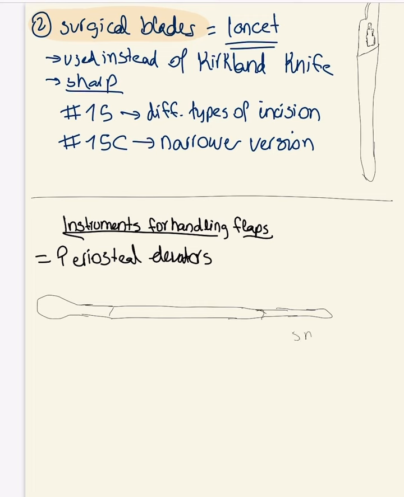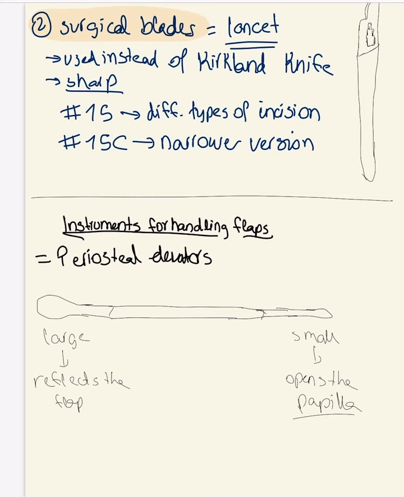So this is the small size and this is the large size. The large one reflects the flap, and this one opens the papilla. It is not useful to use the large one for the papilla, because it can lead to laceration.